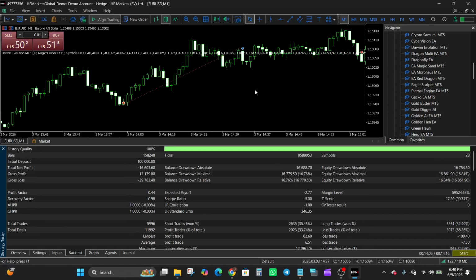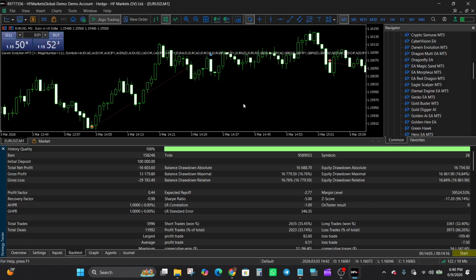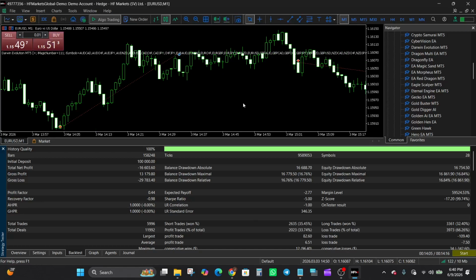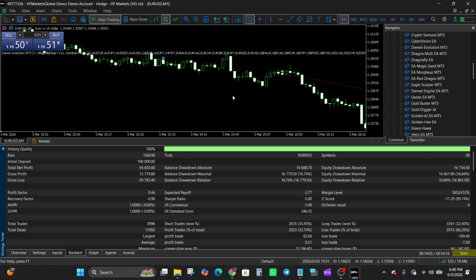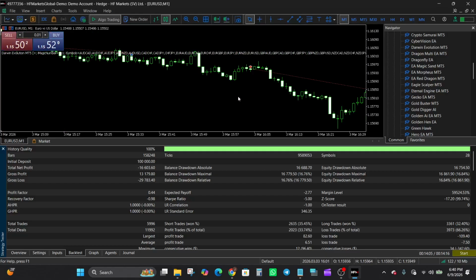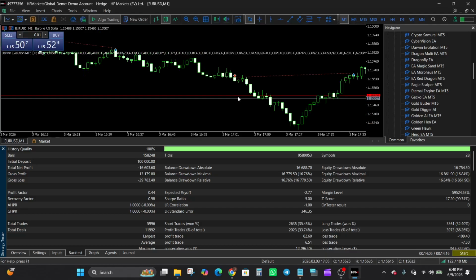So the system appears designed to hold trades over longer periods and manage exposure across multiple pairs rather than reacting frequently like a scalper. And from a strategy perspective, what stands out visually and conceptually is the combination of multi-pair exposure and longer trade duration.